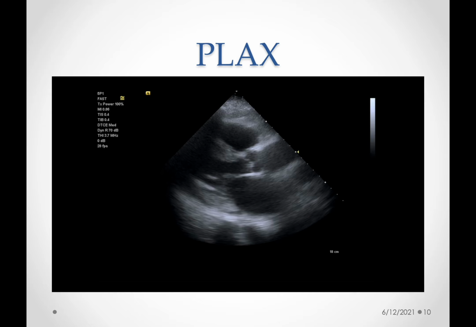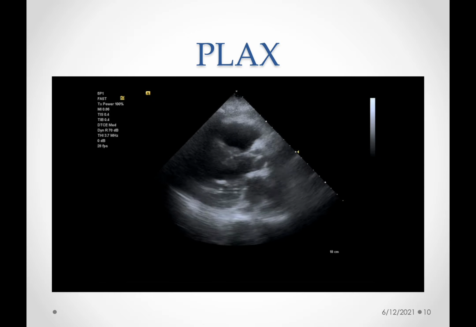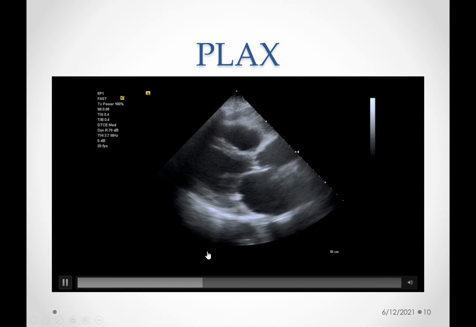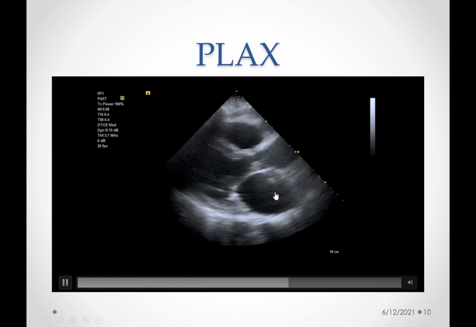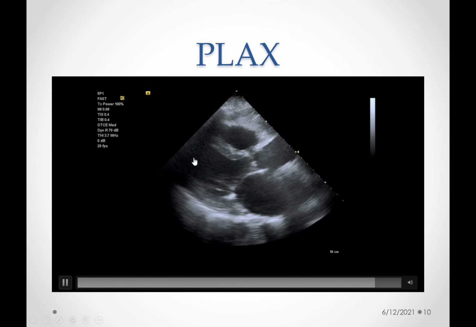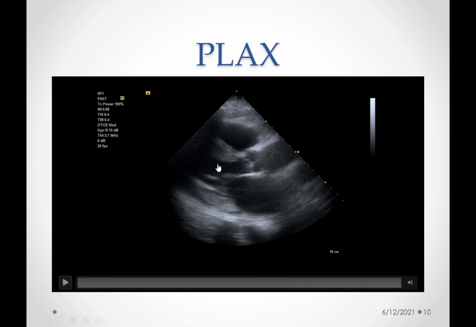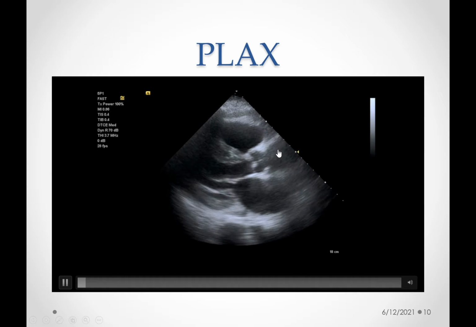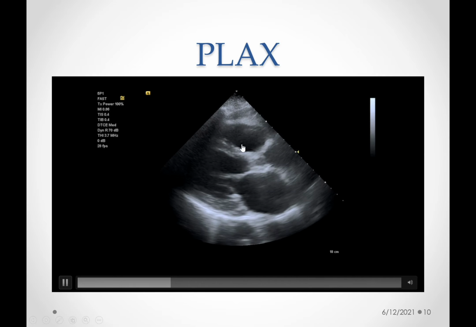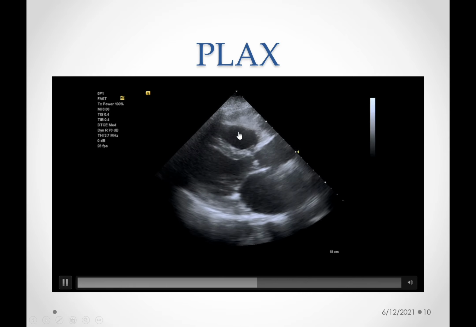This is a video of parasternal long axis view. On the right side, this is the left atrium, left ventricle, and this is the aorta. On the top side of the screen, this is the right ventricle.